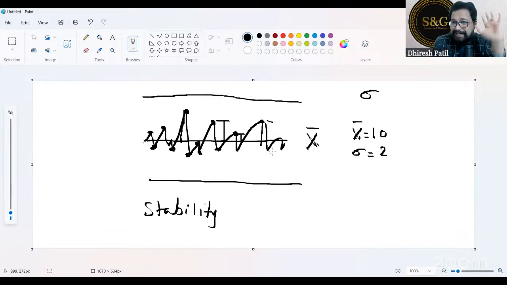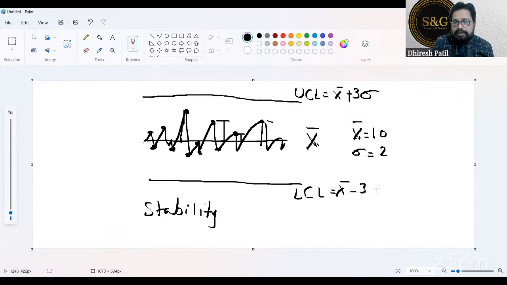Okay. Now understand this. What Walter Shewhart says, imagine X bar is 10 and standard deviation is 2. So what is +3 standard deviation? From the mean, 3 standard deviations means 3 into 2, which is 6. So X bar plus 3 standard deviation is the UCL, and there is also the LCL, which will be X bar minus 3 standard deviation.